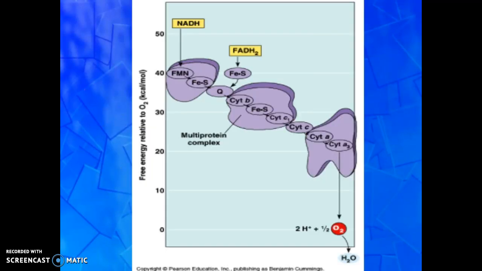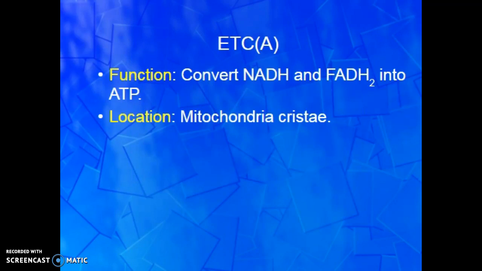Don't get lost in the fact that these are cytochromes. It is important that they're iron containing, that they're metallic. They have some metallic structure, so they're good at transferring electrons. But the idea is we're going to pass electrons along until oxygen catches them and we turn it into water.